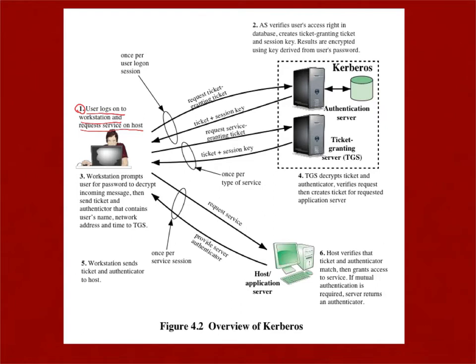The problem is that we cannot send the password as plain text over the network. So instead, once the user logs on, you will send a request, as we will see, only with the ID, not the password. So you will send a request to the AS.